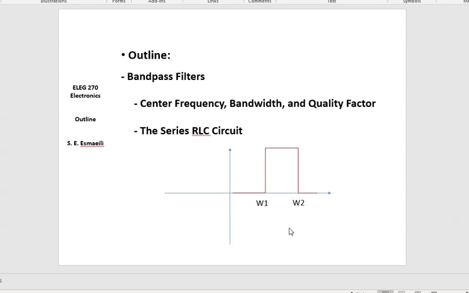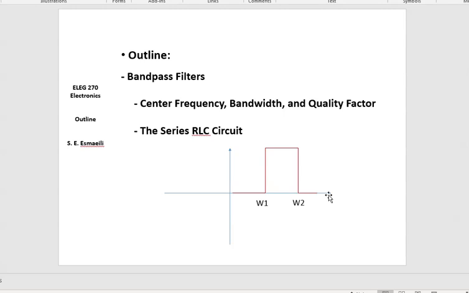So look at this picture. This is the ideal operation of a bandpass filter. All the frequencies between omega 1 and omega 2 will pass through this filter. Any frequency below omega 1 or above omega 2 will be stopped.